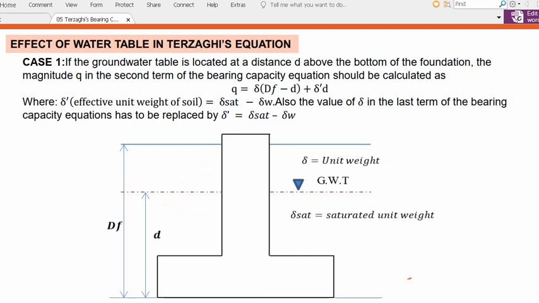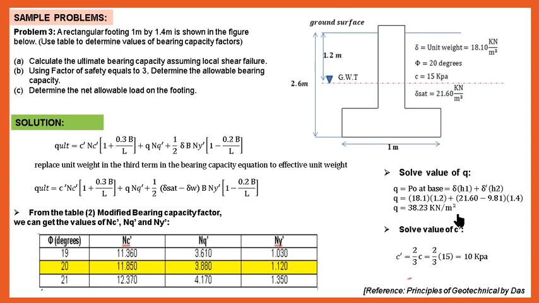So, H1 is 1.2, and our DF is 2.6, right? Then our D is 1.4. Okay?